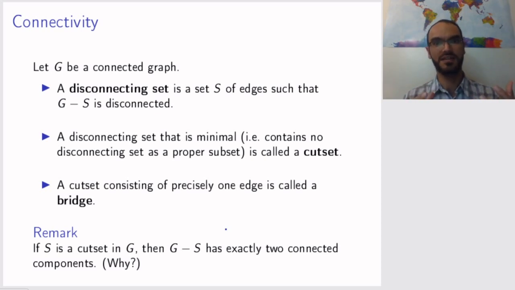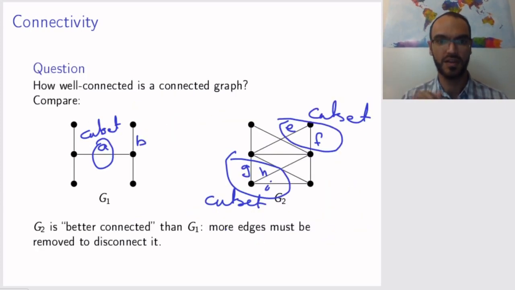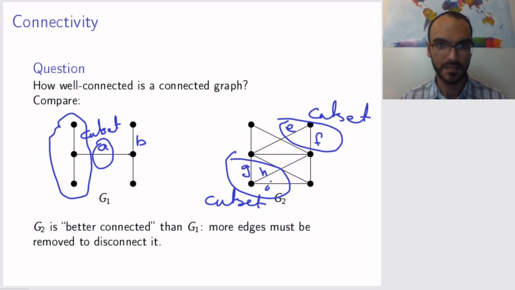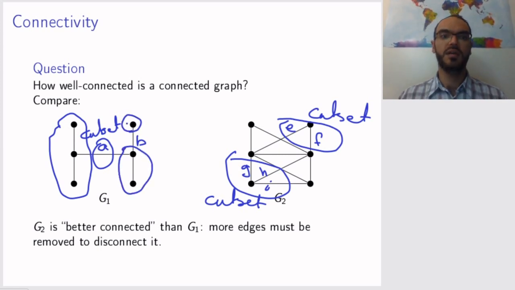So your cut set wasn't a cut set because you could do with a subset of it and still disconnect the graph. So for example, going back to this case, if I both remove A and B, I will get three components. This component, and this component. But I shouldn't remove both A and B. I could have removed a subset, for example, just A. Then I would have ended up with two components, and so on.